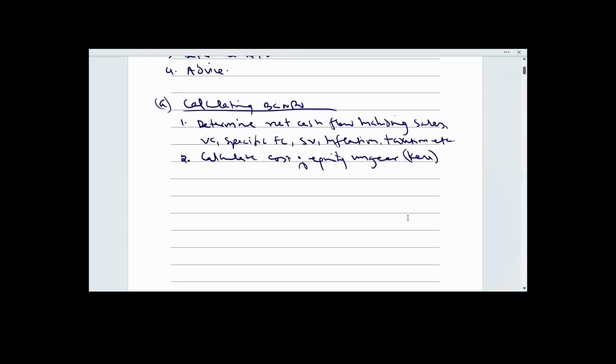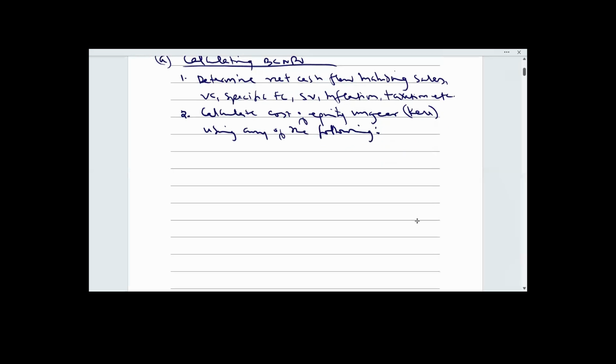Therefore, how do you then calculate your cost of equity on gear? There are three ways the examiner can test you when you want to calculate cost of equity on gear. So like I said, calculate cost of equity on gear using any of the following. There are three ways you can calculate your cost of equity on gear.